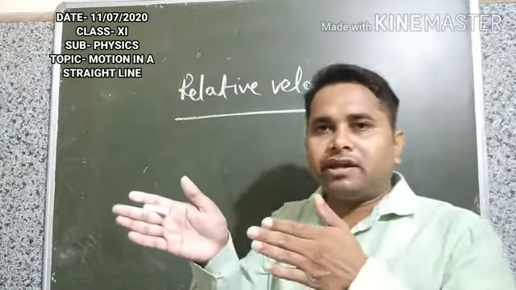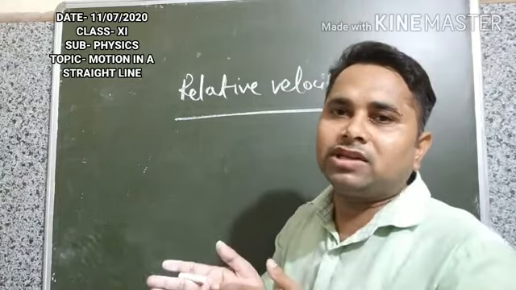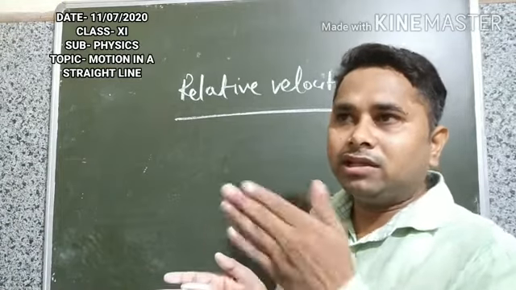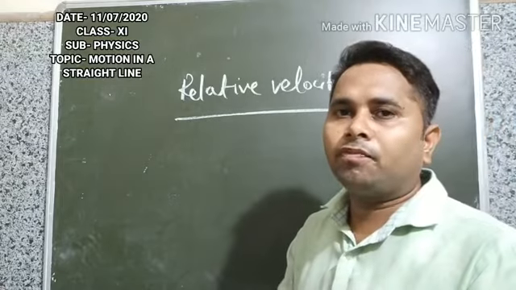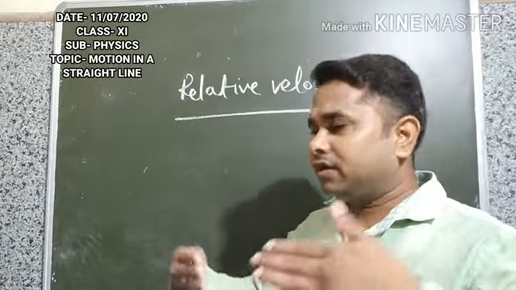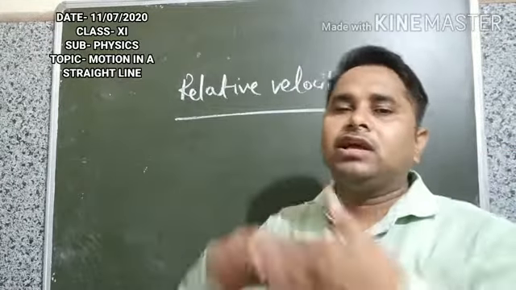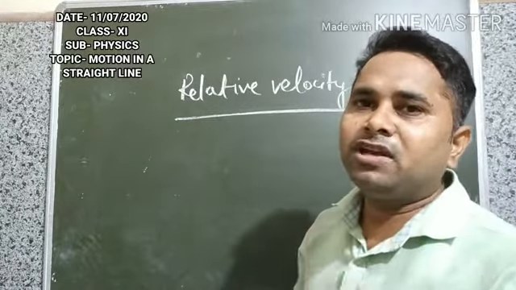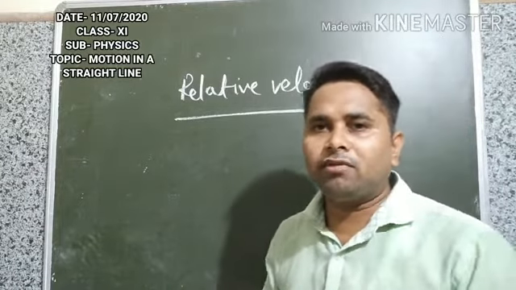When the other vehicle crosses in the same direction, its speed appears slow. But if it crosses in the opposite direction, its speed appears more. So this is all about relative velocity.